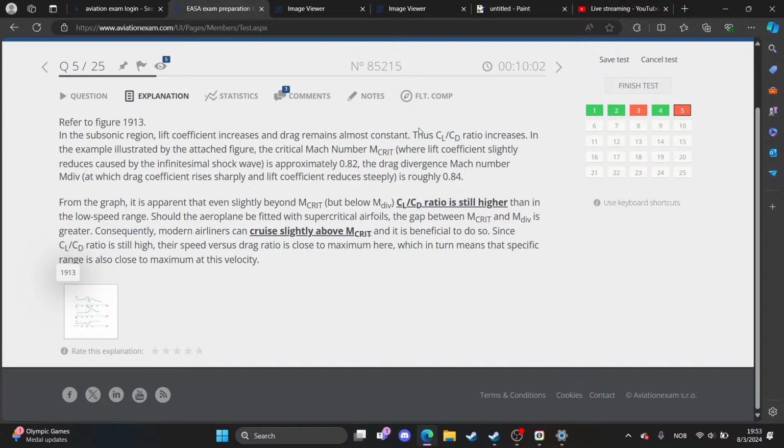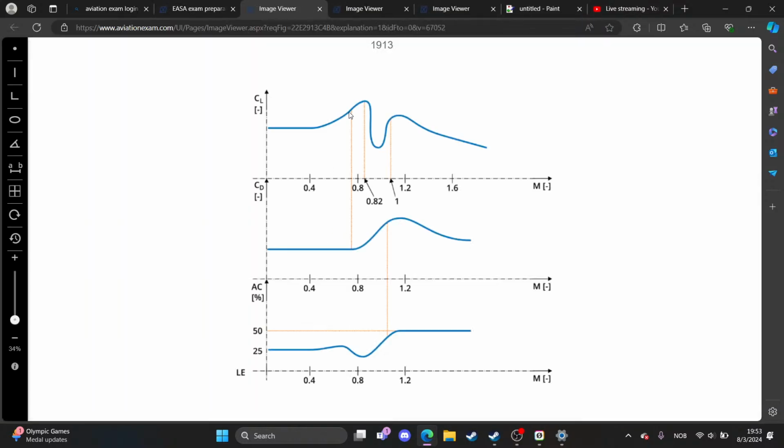Should the airplane be fitted with... oh, no. The critical Mach number, where lift coefficient slightly reduces causing initially shockwave, is approximately 0.82. That's Mcrit.